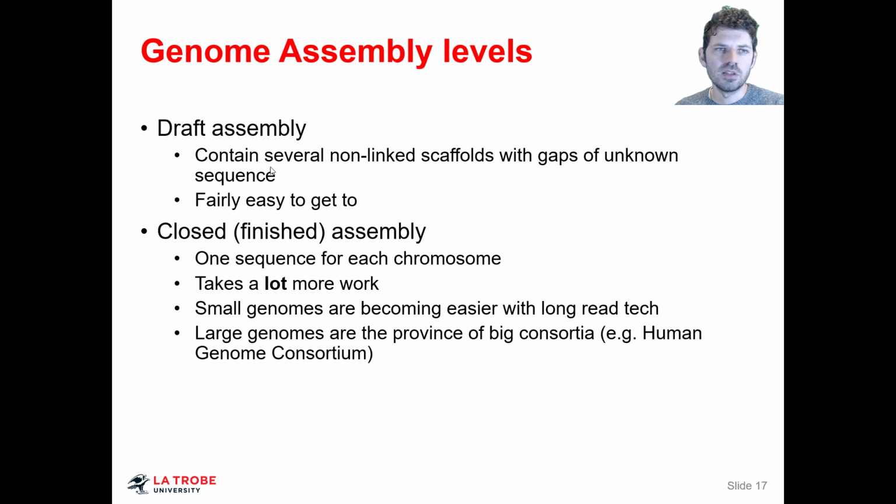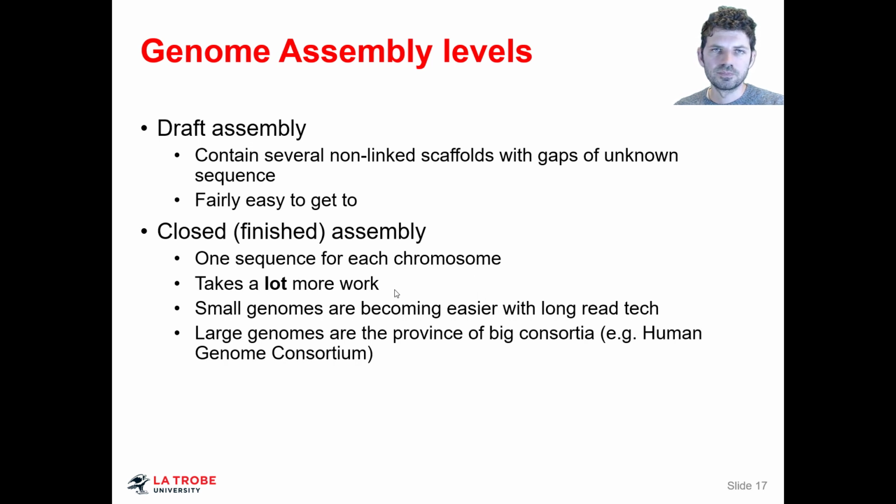But on the other hand, they're pretty easy to get, because you can get them from a single sequencing experiment. If it's done fairly well, hopefully you won't have too many scaffolds, maybe half a dozen or so, but it might be very difficult to close those gaps, and that's basically what a closed or finished DNA sequence is, when you have a single contiguous DNA sequence for each chromosome.